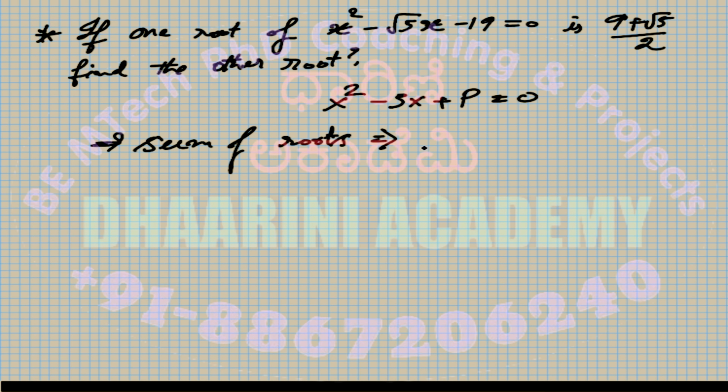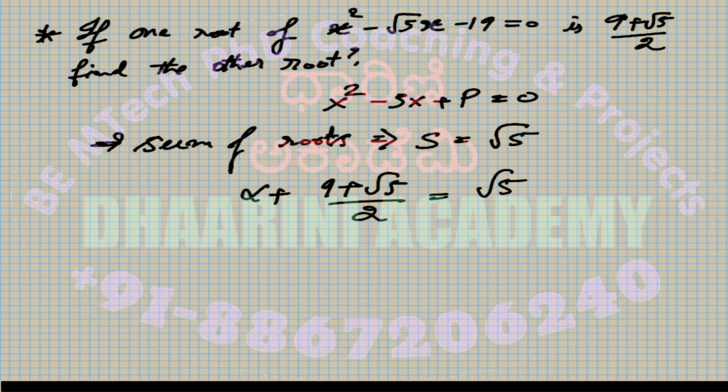So this implies sum is equal to root 5. So the sum of the two roots should be root 5. One of the roots is given. So alpha plus beta, which is 9 plus root 5 divided by 2, is equal to the sum, root 5.